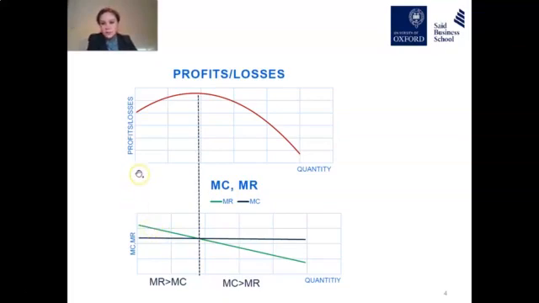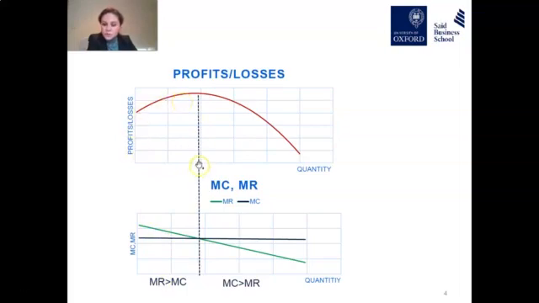Conceptually, what does it mean? For any point here, if you increase your output level by one more unit, because marginal revenue is always greater than marginal cost, it means that your profits will also increase, as you can see from this function here. Because for this region, marginal revenue is always greater than marginal cost, profit always increases.